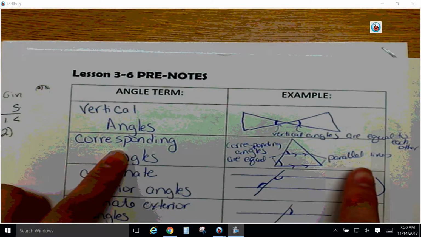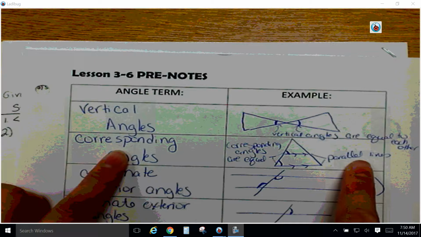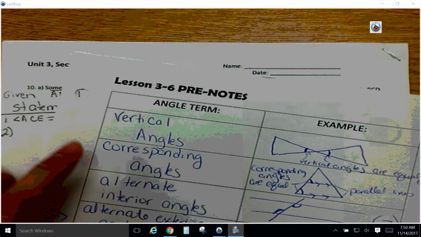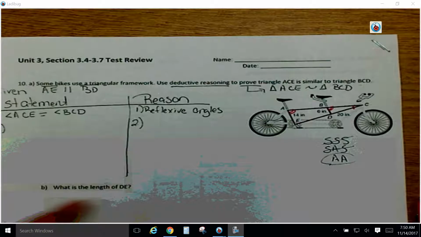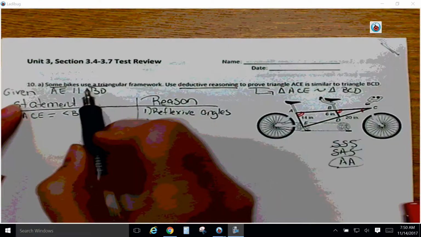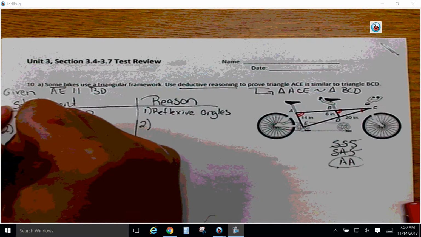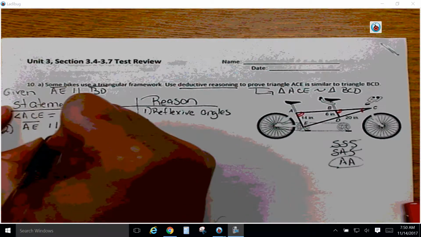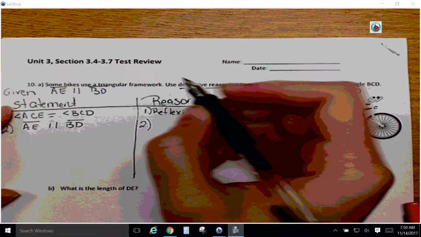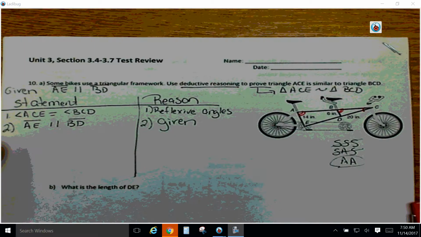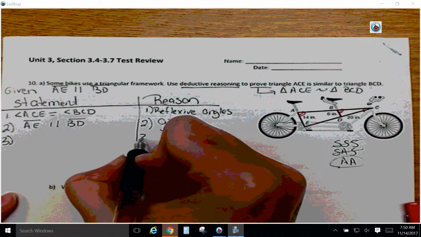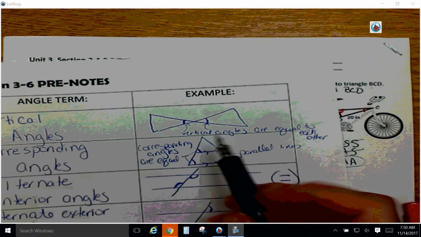But in order to have corresponding angles, these have to be parallel lines. So I have to see, are these 2 lines here parallel? I look up to my given, and sure enough, they are. Line segment AE is parallel to line segment BD, and that is a given. So because these are parallel, these 2 angles are corresponding.